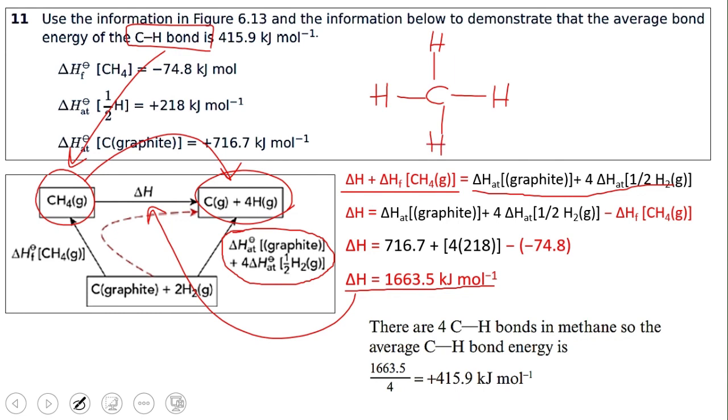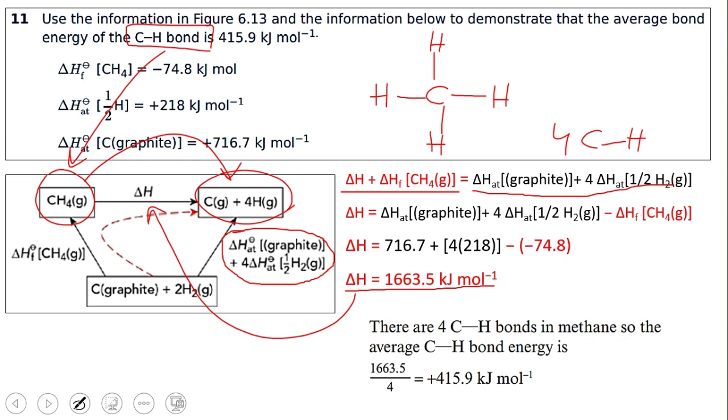If you see here, this one is the first CH bond, this is the second CH bond, this is the third CH bond, this is the fourth CH bond. So in one CH4 we have 4 CH bonds.